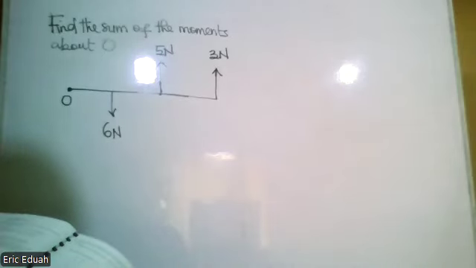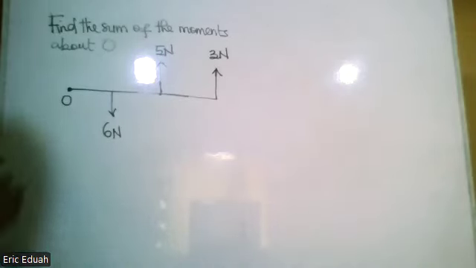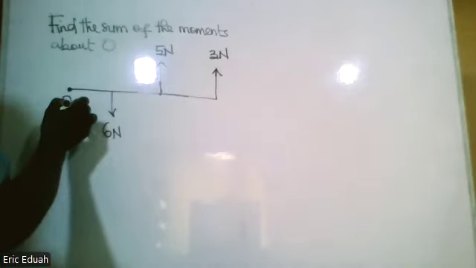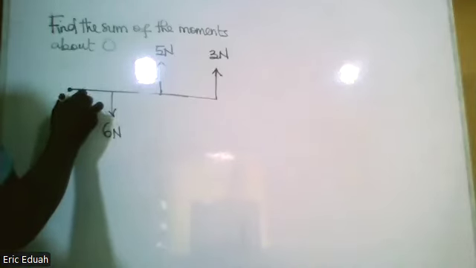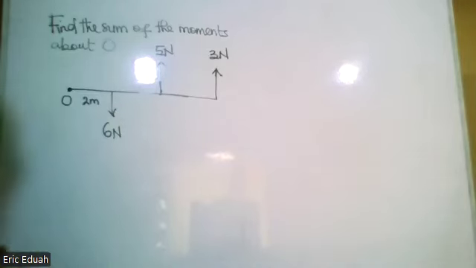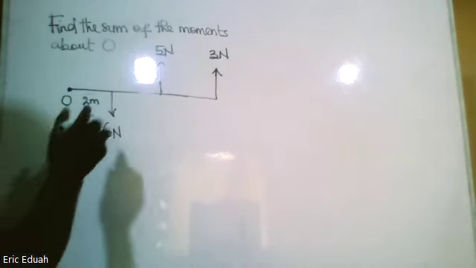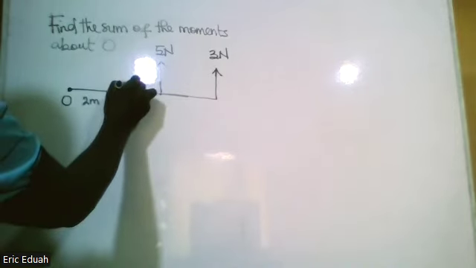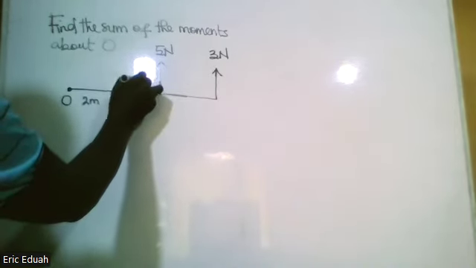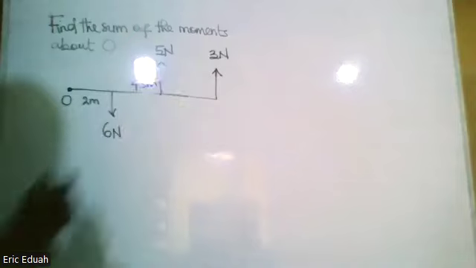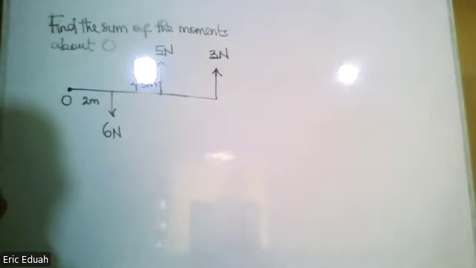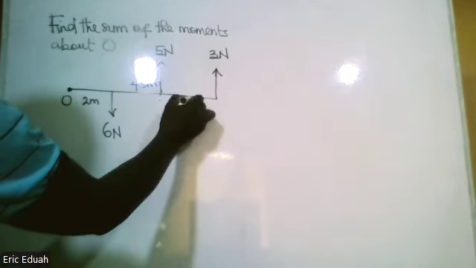The perpendicular distance from the pivot O for the 6 Newton force is 2 meters. Then for the 5, this is 4.5. Then from here to here is 3.